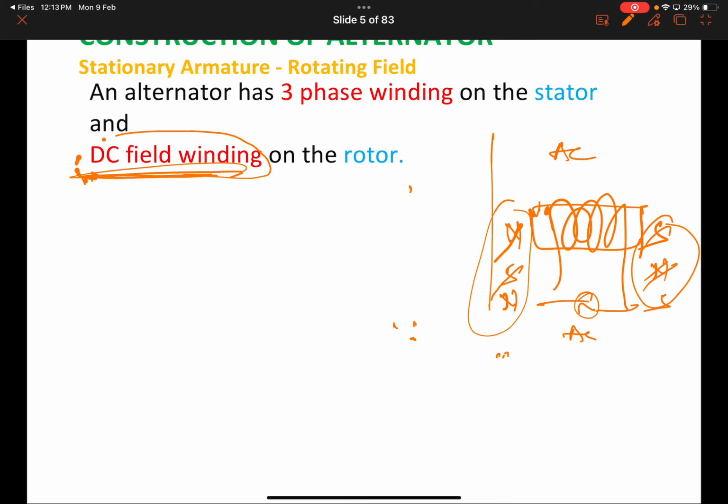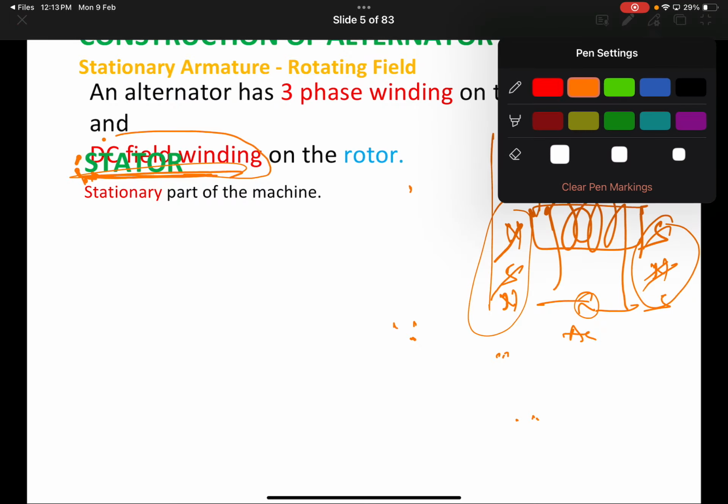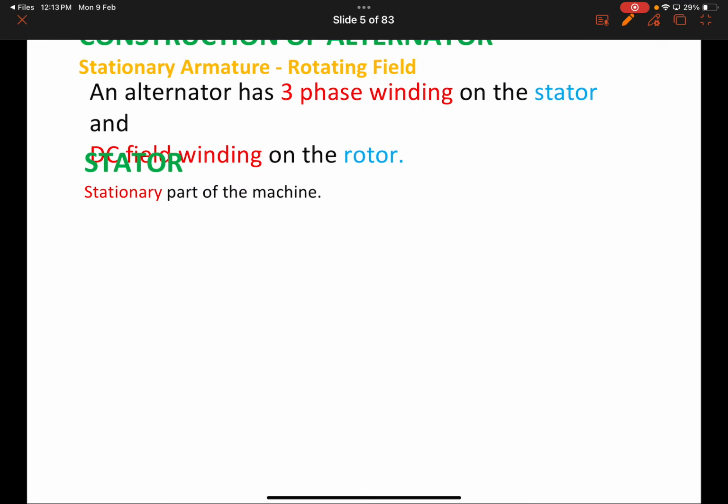With AC supply excitation, due to the continuous magnetic reversals, polarity always changes.